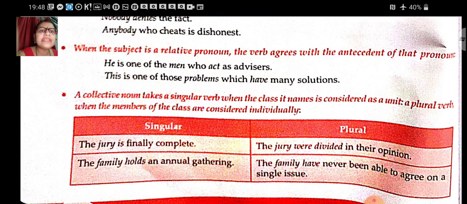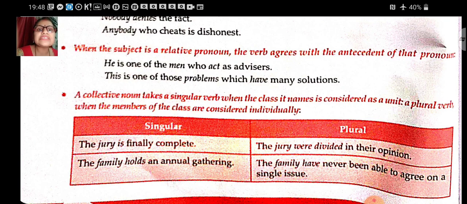Okay, a collective noun takes a singular verb when the class it names is considered as a unit, and a plural verb when the members of the class are considered individually. Now remember students, it is given in your assignment also, when you talk about a word which indicates a common noun, you can say a collective noun.